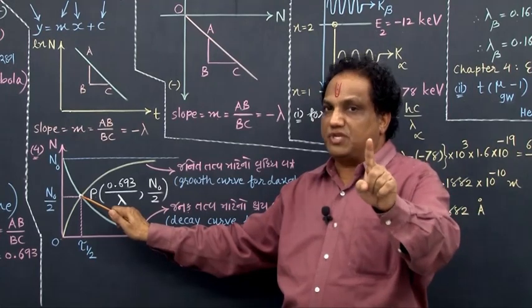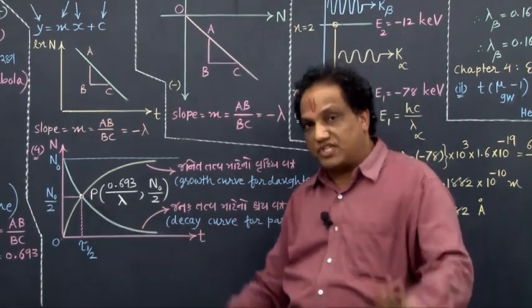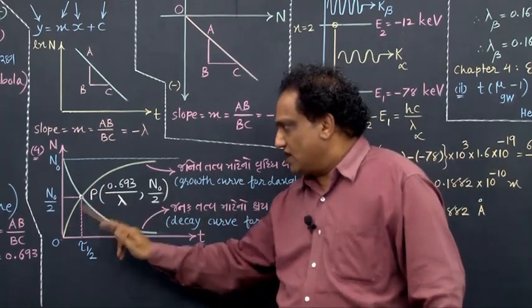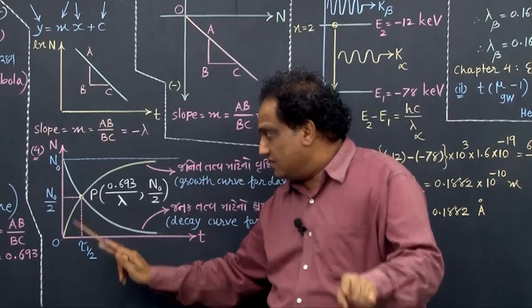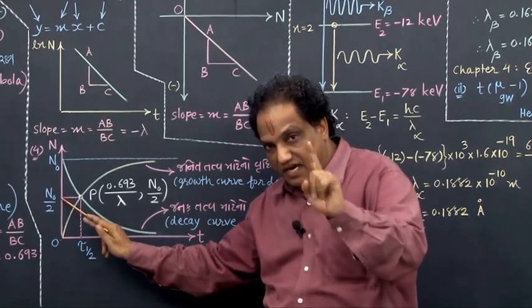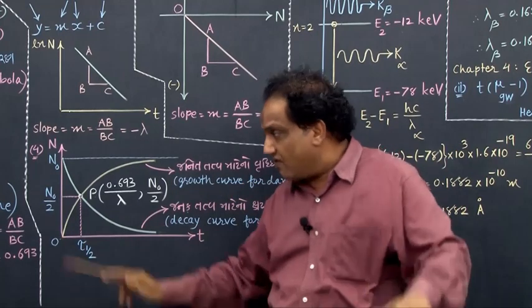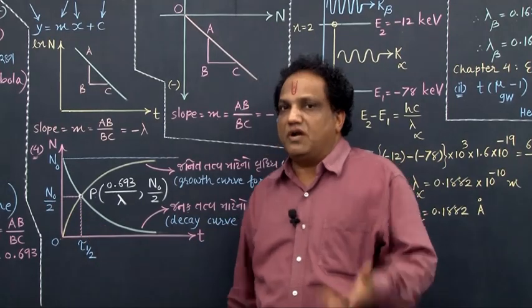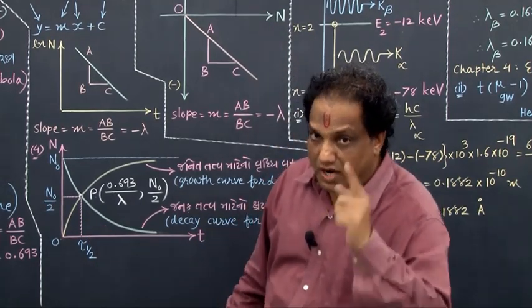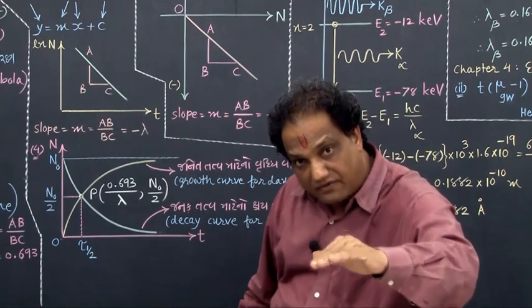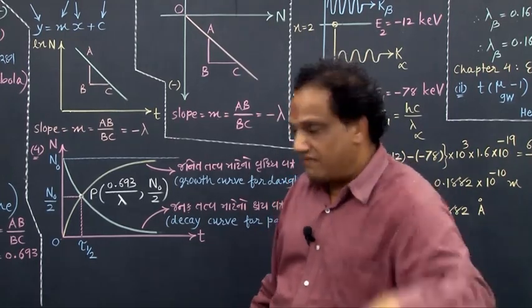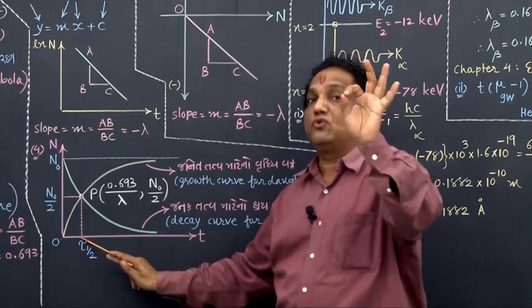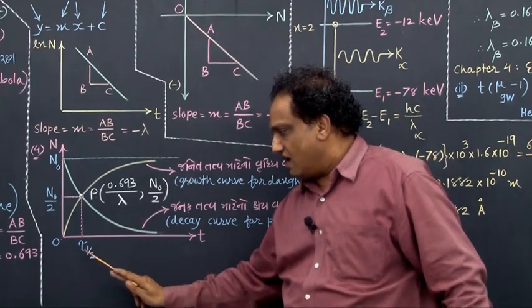Suppose they ask in the examination the coordinates of this point of intersection. How would you find out? Very simple. This is the point where both the curves intersect. At that very point, the number of undisintegrated atoms of the parent has become exactly half. If this number is n0, then this number is n0 by 2. Now tell me, at the end of how much time does the number of undisintegrated atoms become half? At the end of time equal to half-life. So if this number is reduced to half, then the corresponding time interval must be equal to half-life, that is tau half, correct?